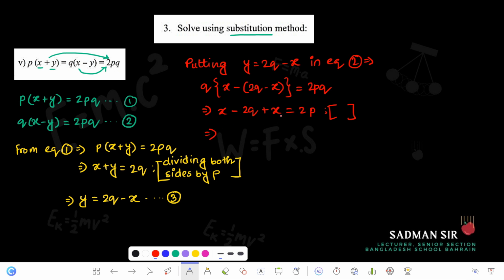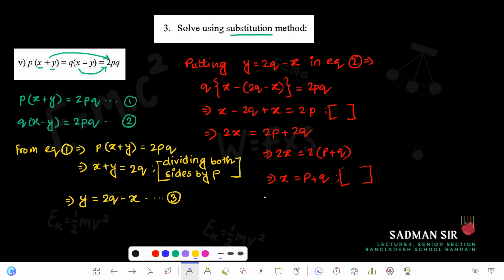Okay, so x plus x, it will be 2x, and minus 2q, if I change the side, it will be plus 2q. So 2x equal to, you can see that we can take 2 common from here, and it will become p plus q. So from both sides, 2 and 2 cancel, then x will be equal to p plus q. And again here, better to write and mention in the bracket what you did here, dividing both sides by 2. Okay, whatever I'm saying, kindly write it.